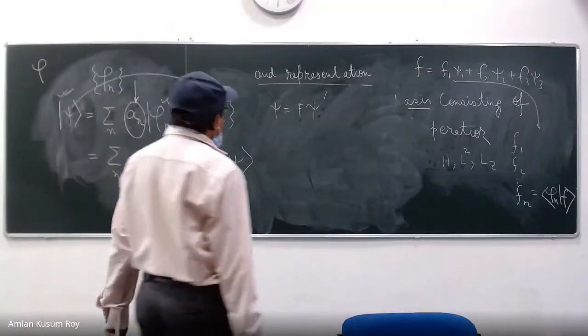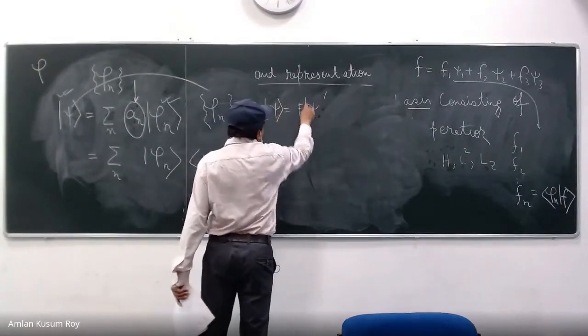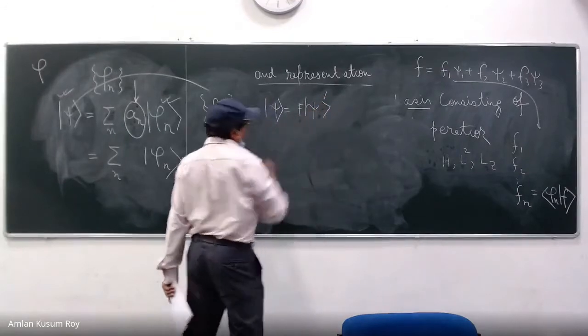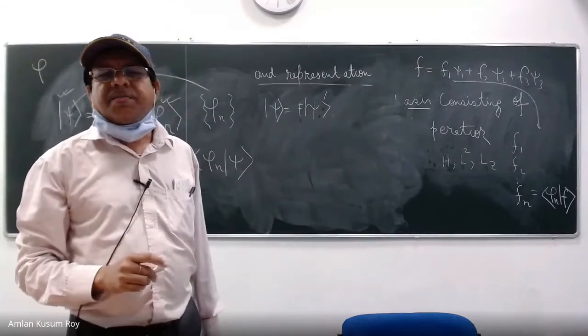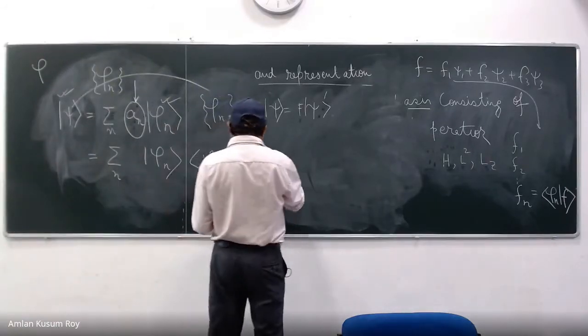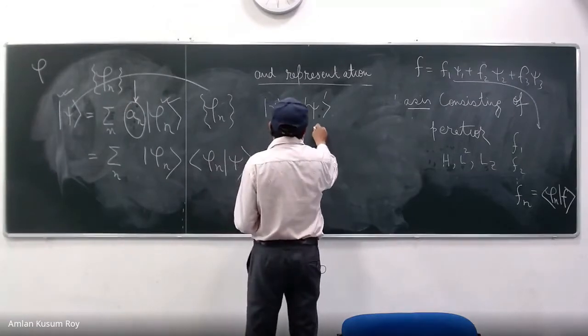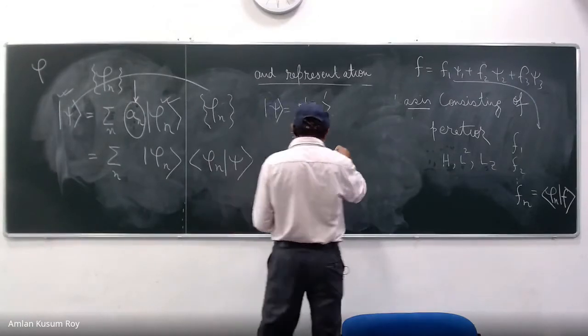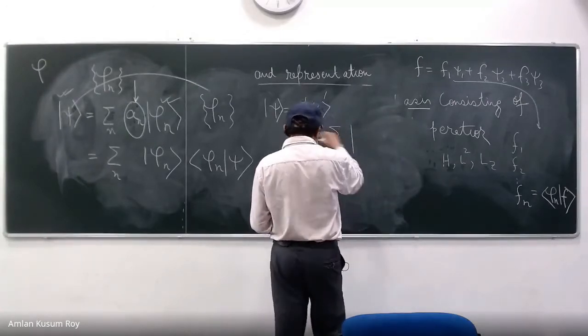The very first thing that I do is this. The next thing I want to do is write this expression, you can write f like this, just like we wrote here.